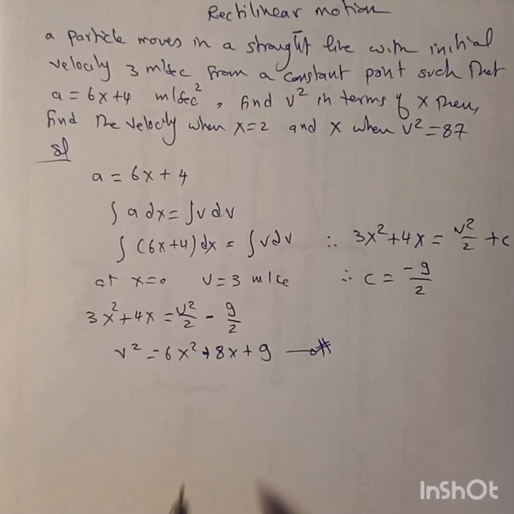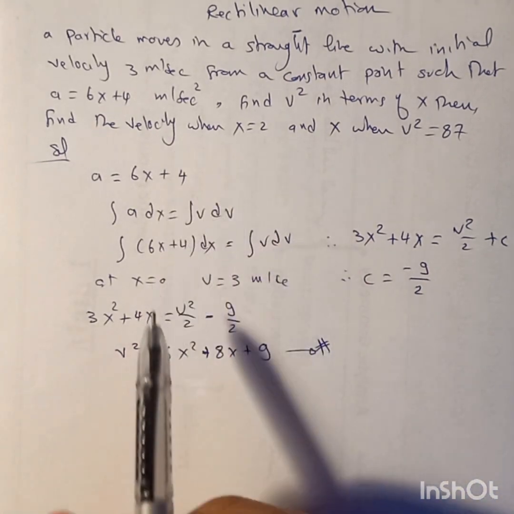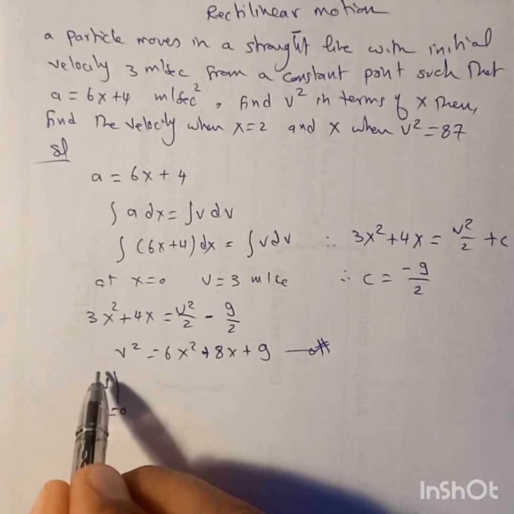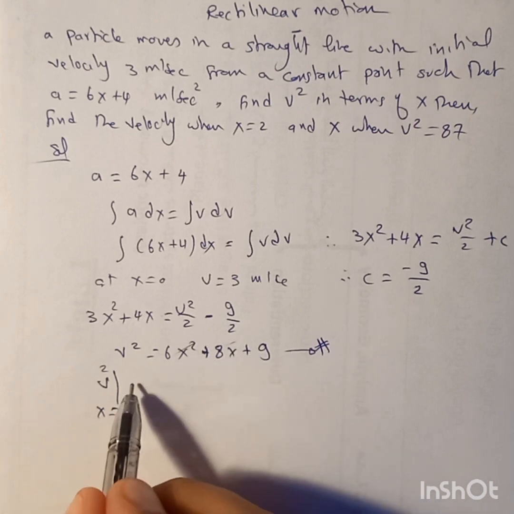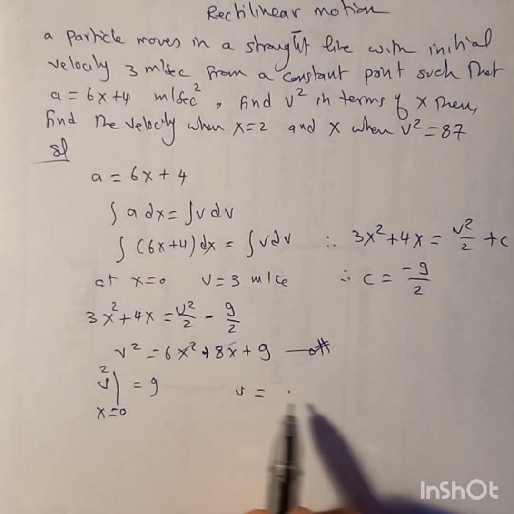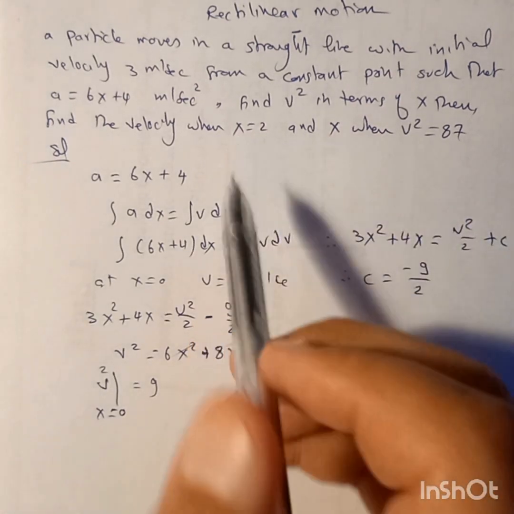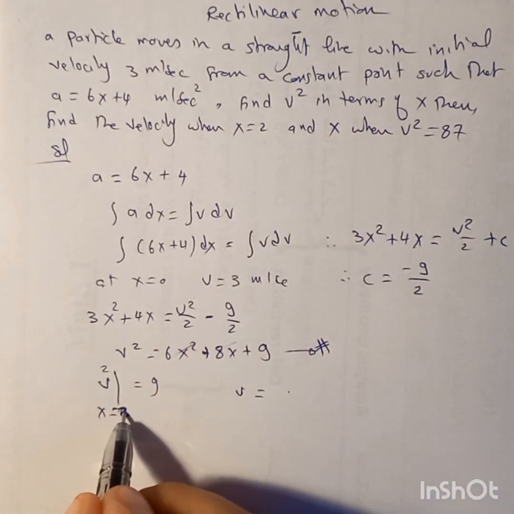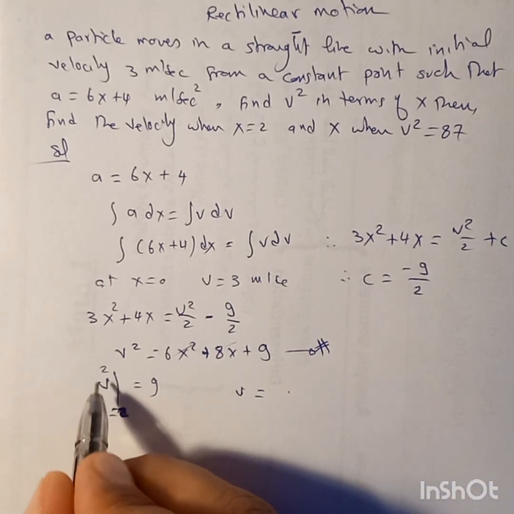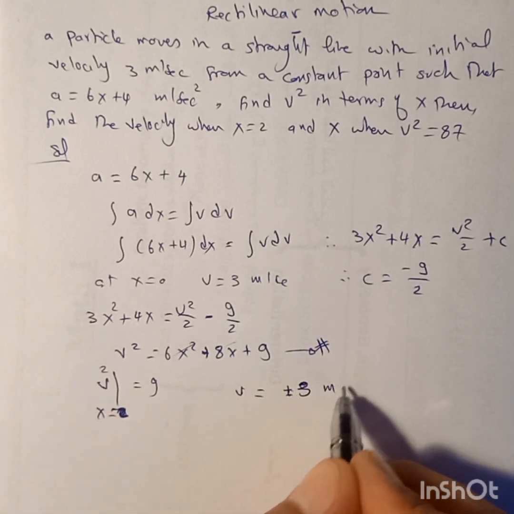Then it's required to find the velocity when x equals 2. First, at x equals 0, v squared equals 9, so v equals positive or negative 3 meters per second.